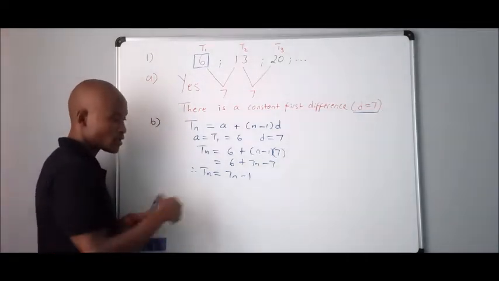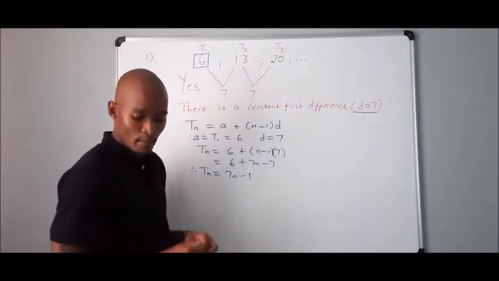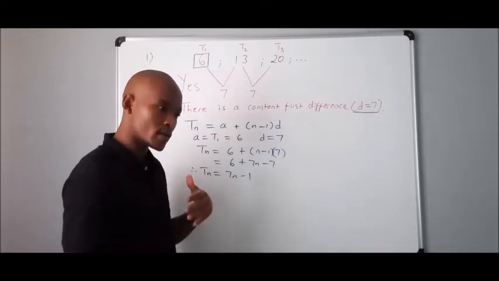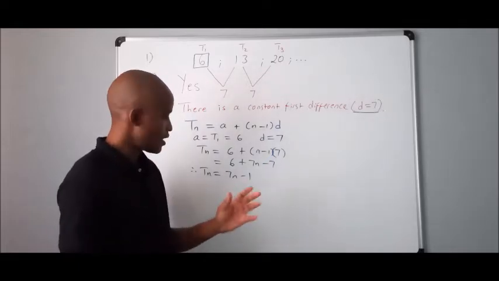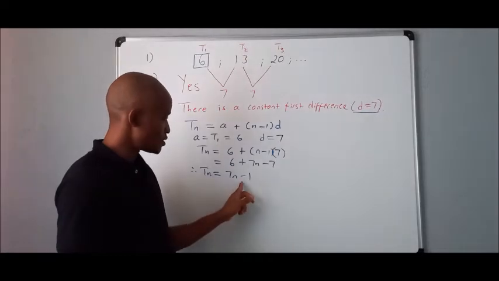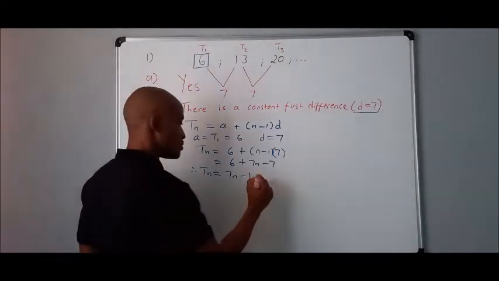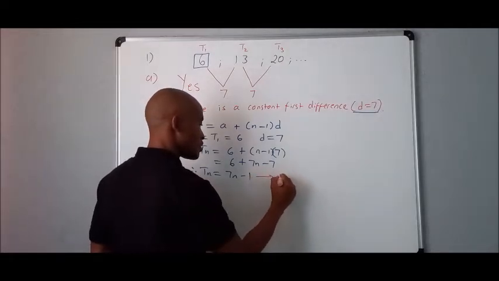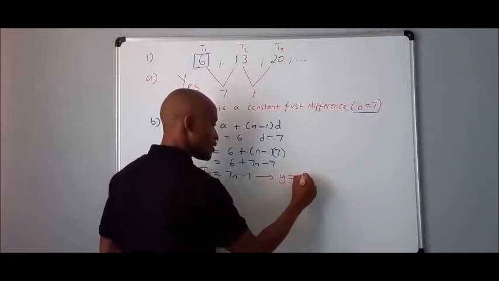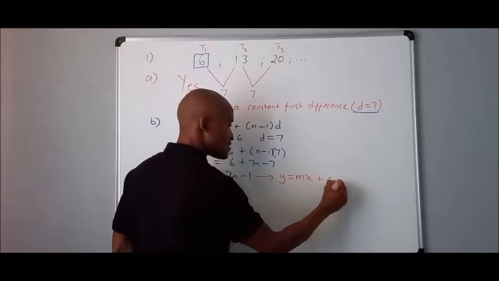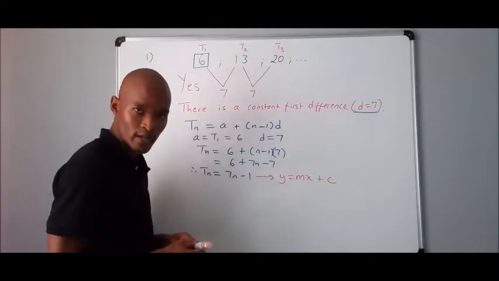So of course you can write minus 1 plus 7n, but this is really connected to the linear function. And that is the connection that you as a student, I encourage you to see from here, because from here, if you look, it's a y equals mx plus c type of equation.